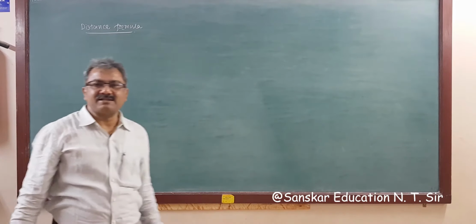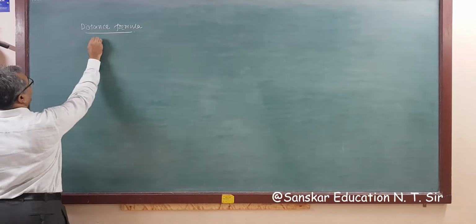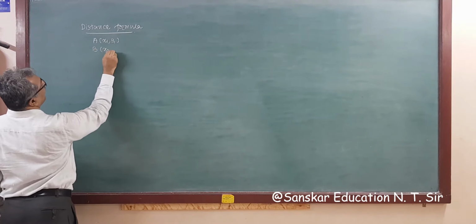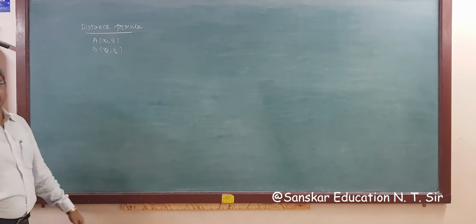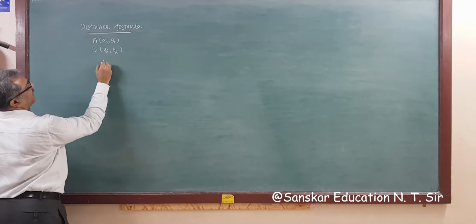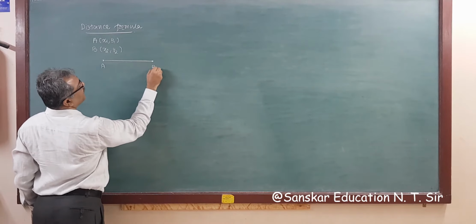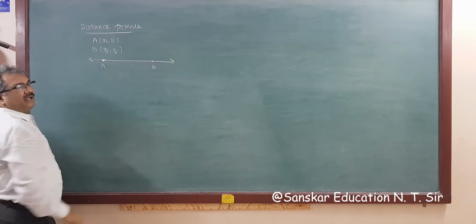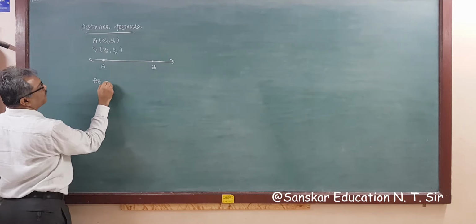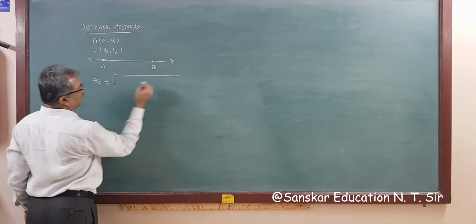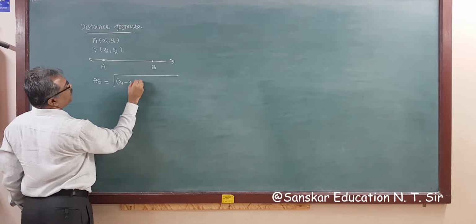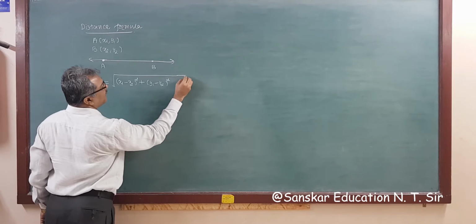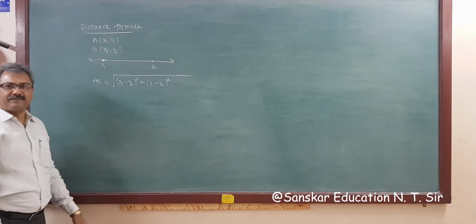You have learned this in 10th standard: if 2 points are given, A (x1, y1) and B (x2, y2), then the distance between these 2 points A and B is AB equal to the square root of (x1 minus x2) whole square plus (y1 minus y2) whole square, right?